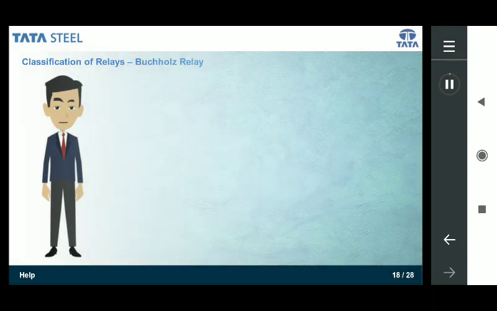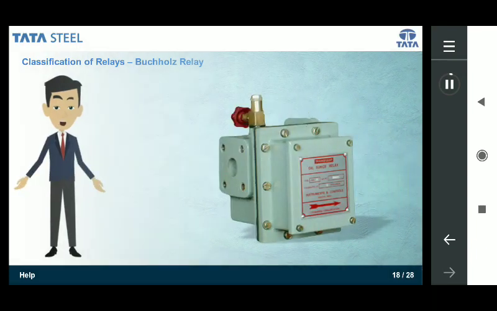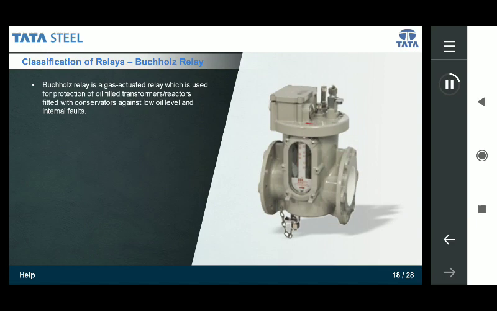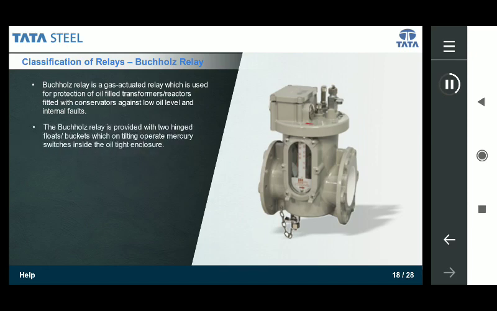The next type of relay is the psychoelectric relay or gas-operated relay, which is also referred to as Buchholz relay. It is a gas-actuated relay which is used for protection of oil-filled transformers or reactors fitted with conservators against low oil level and internal faults. The Buchholz relay is provided with two hinged floats or buckets which, on tilting, operate mercury switches inside the oil-tight enclosure.